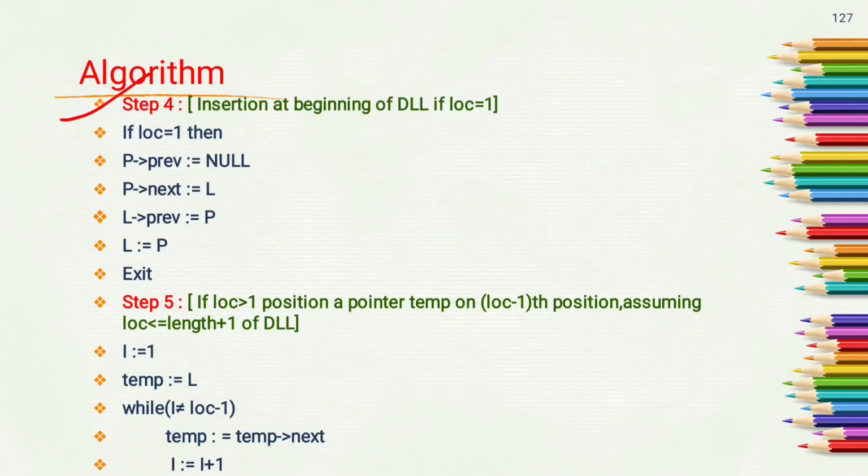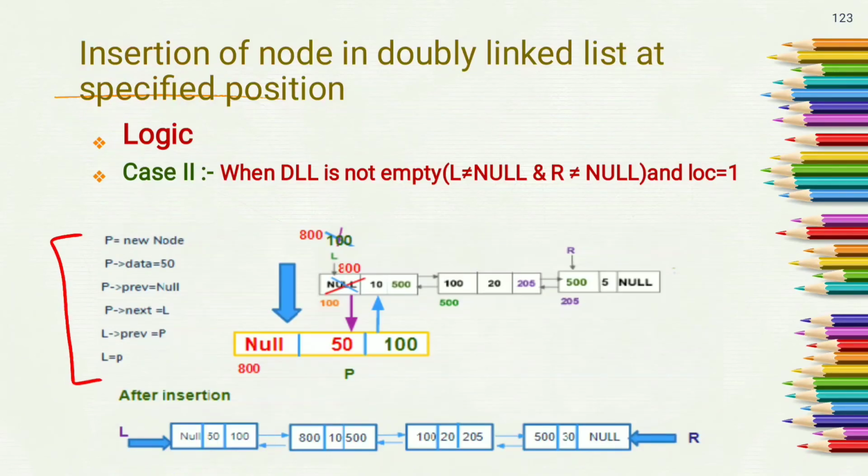Now step 4 is if the doubly linked list is not empty and the value of location is equal to 1, then we have to insert the node at the first position in the doubly linked list. So if the value of location is equal to 1, then store null into the previous field of P and the address of L into the next pointer of P, update L previous by P and update L by P and exit from the algorithm as I discussed in case 2.